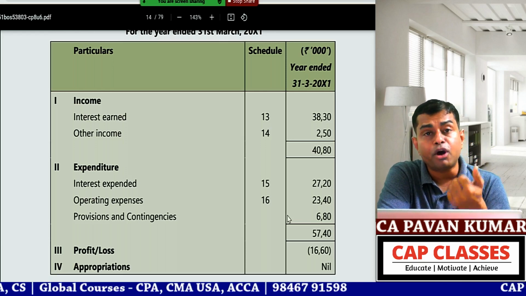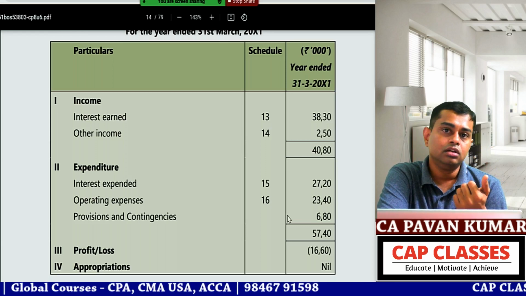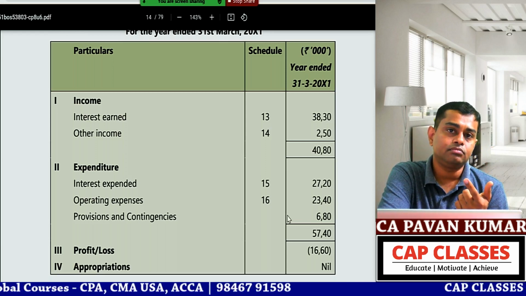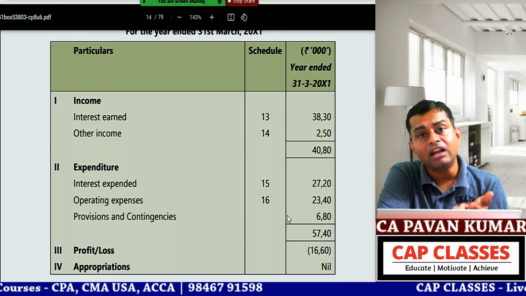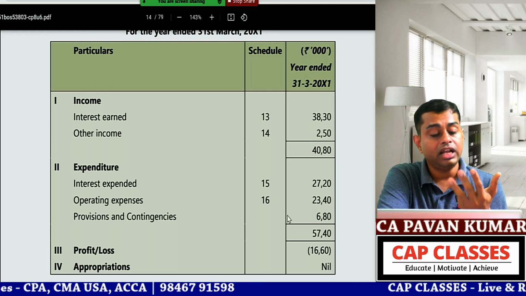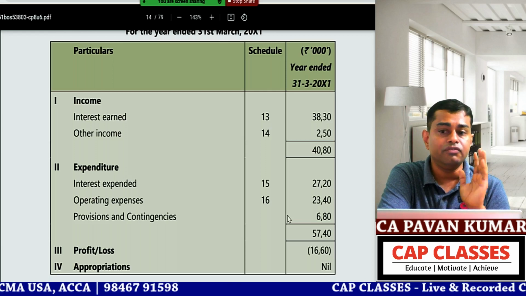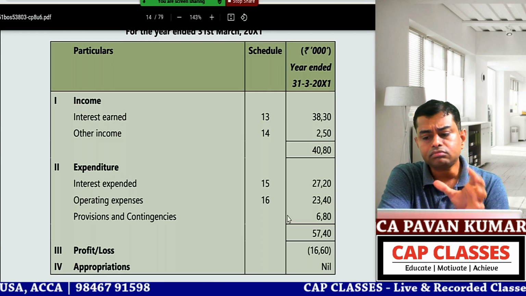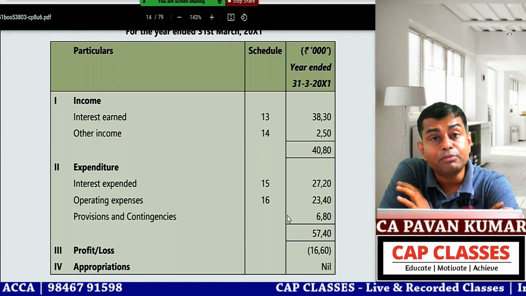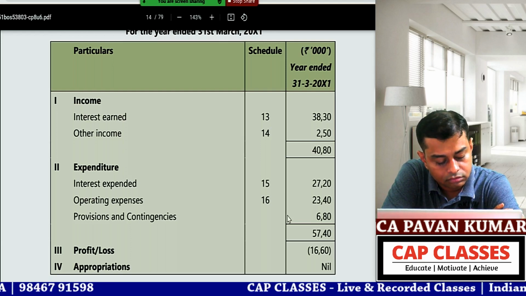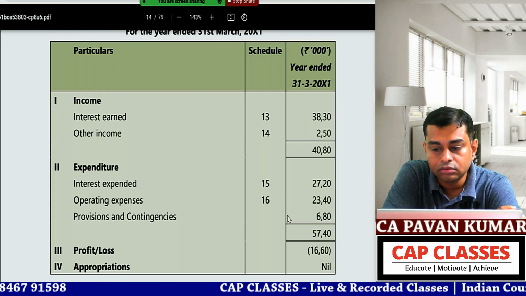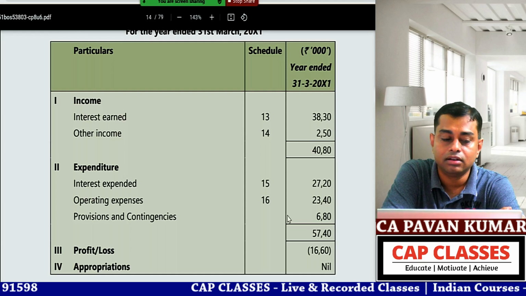On standard assets 0.4%, substandard 15%, doubtful asset up to 1 year with security 25%, doubtful without security 100%, loss-making asset 100%. With these rates we calculated and created a provision. Where to show that provision? The provisions and contingencies, Schedule 17.